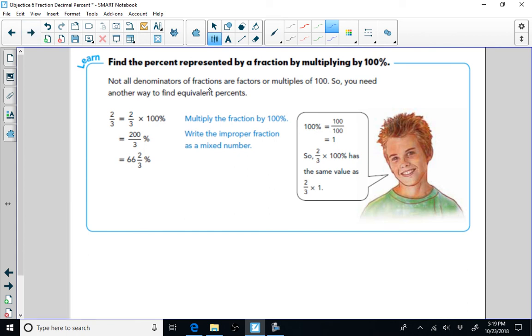We find the percent represented by a fraction by multiplying by 100. Right? Not all denominators of fractions are multiples of 100. So we need another way to find equivalent percents. Right? So I can take a fraction, multiply by 100%, and then I do some long division. Right? So let's take a look at what that's going to look like.